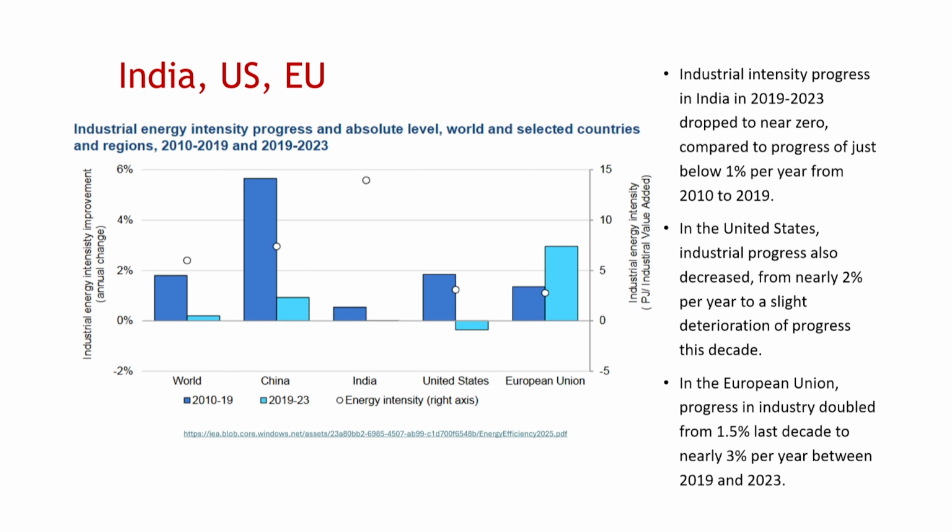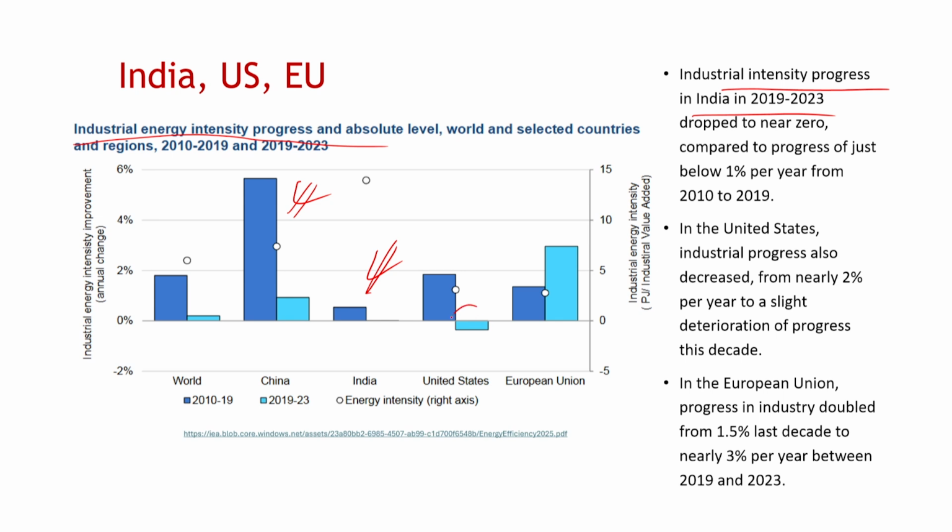When you start looking at India as a number, India has been an interesting story. Looking at the industry progress number, India's industry energy intensity improvement dropped to nearly 0 compared to 1% earlier, because India has not been able to spend so much on the technology side of the industrial sector. But China has been able to spend a lot more money and resources around its industrial sector, so that has looked positive.